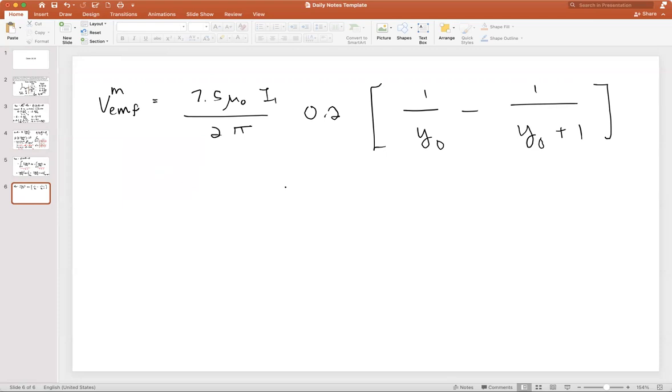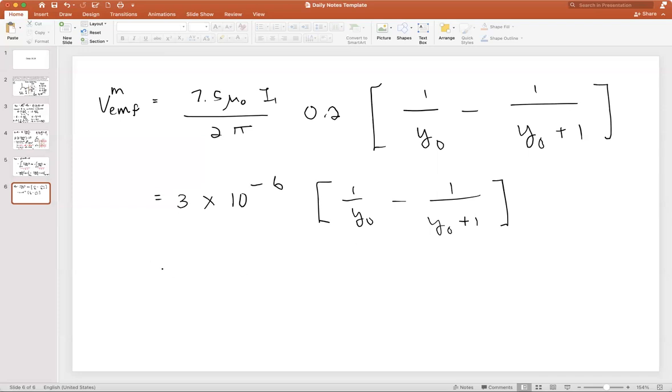If you were to simplify this even more by plugging in your constants, we'll get 3 times 10 to the minus 6 for this.